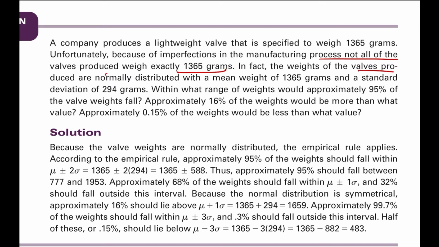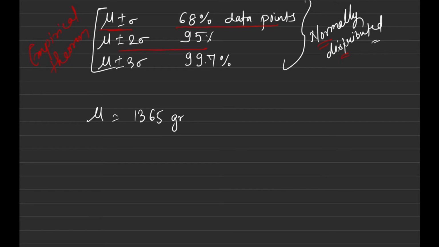In fact, the weights of the valves produced are normally distributed. This is important. The mean weight is this many grams, so whatever products are getting produced, their mean is 1365 gram, and the standard deviation is 294 gram.